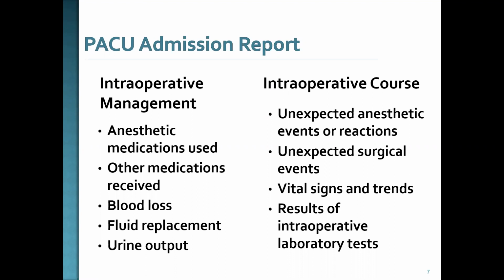We'd want to also tell them their urine output to make sure it is adequate. And we'd also want to tell them of any kind of unexpected events that happen during the first recovery period, such as reactions, negative side effects, and any laboratory test results needs to be forwarded.